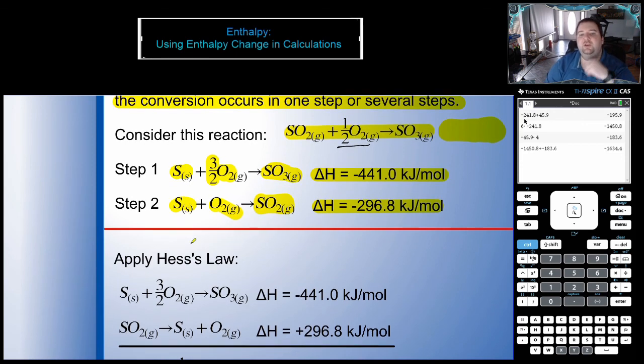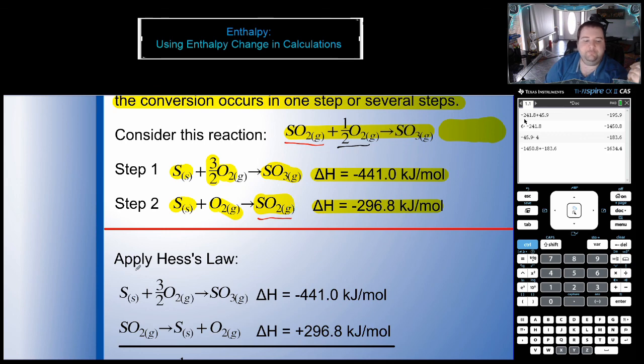One thing that you're going to notice, hopefully you noticed, where is my SO2 in the original equation? It's on the left. Where is it in my enthalpy of formation equation? Of course, it has to be the product, so it's on the right. Well, what do I have to do if I'm trying to add up all the steps and it's supposed to be on the left?